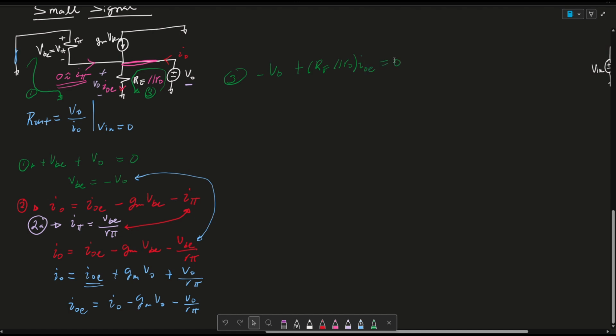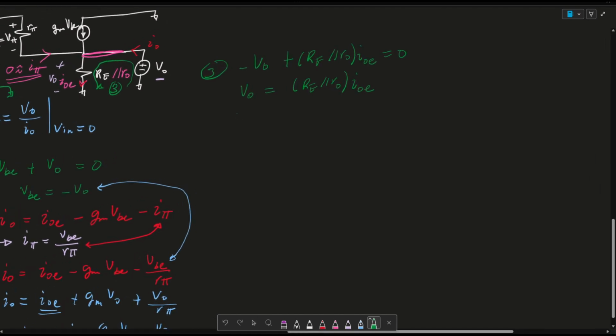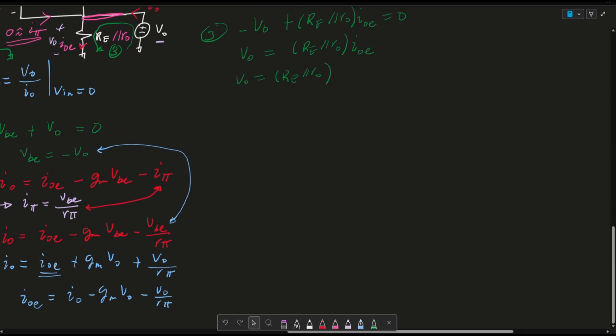Basically this is Ohm's law that says VO is equal to the resistance RE in parallel with RO times IOE, right? So let's go ahead and plug in IOE. So I get VO is equal to RE in parallel with RO, and IOE is right here, this equation.